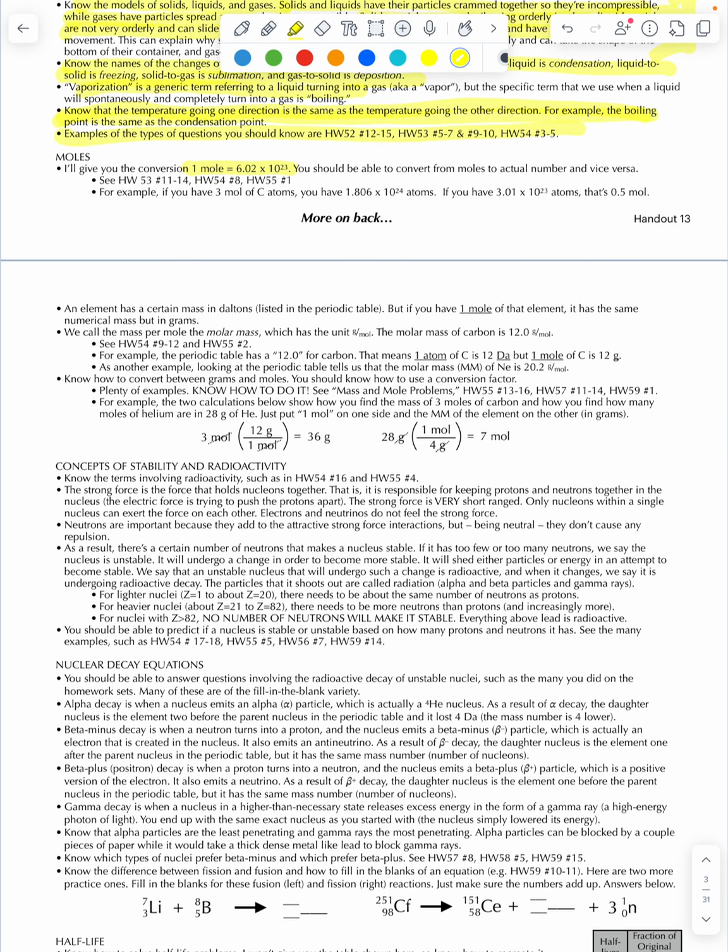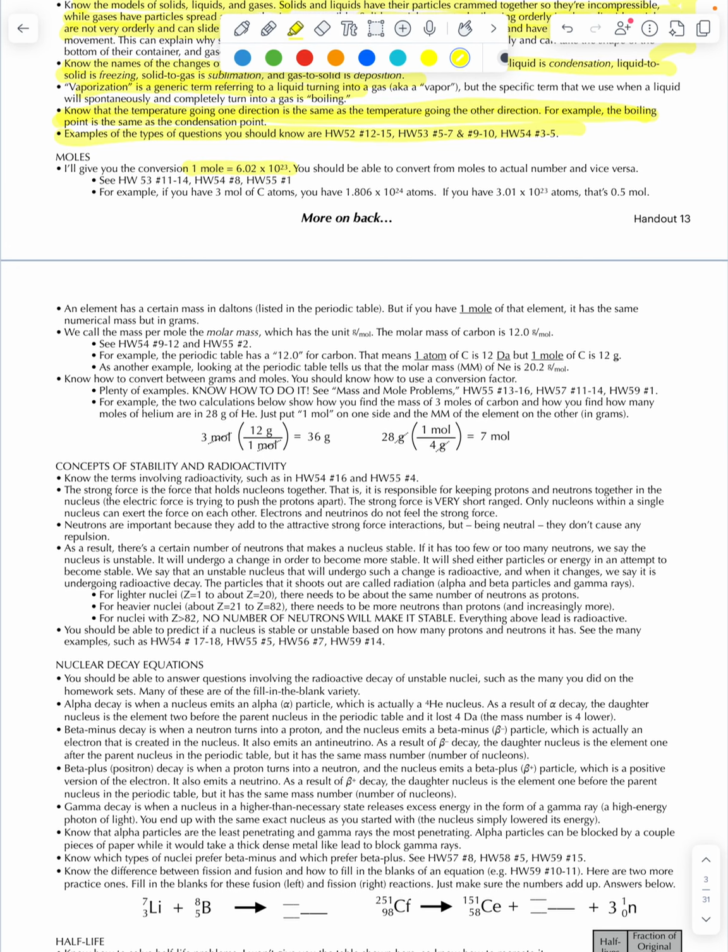So be able to convert from moles to what I call actual number, or vice versa, from the actual number to moles. And all you do is either multiply or divide whatever you're starting with by 6.02 times 10 to the 23rd.